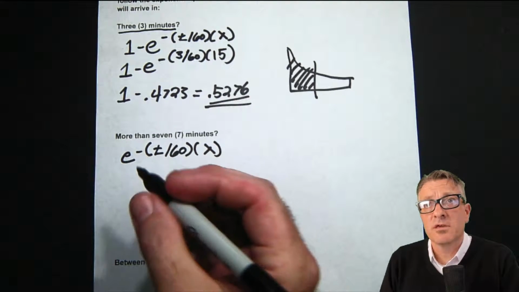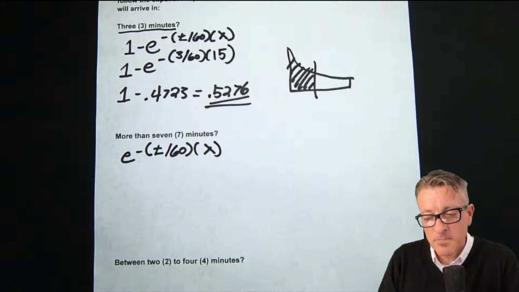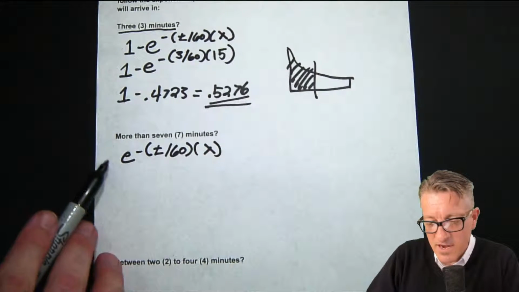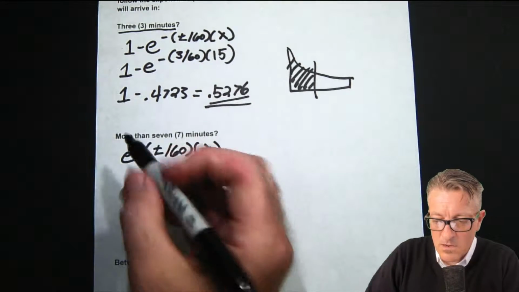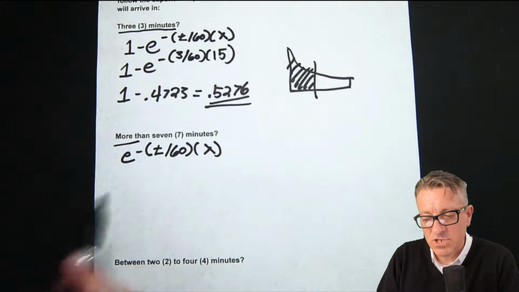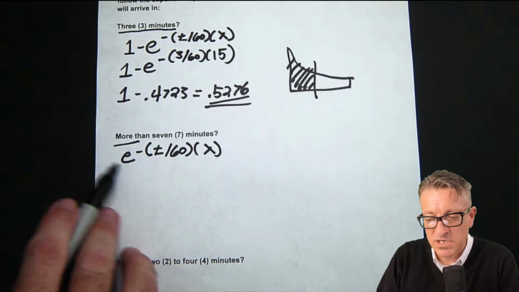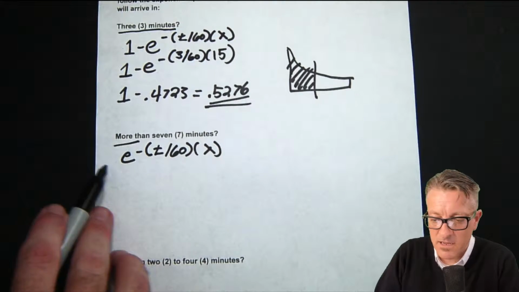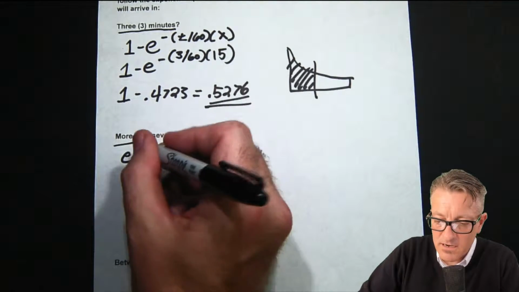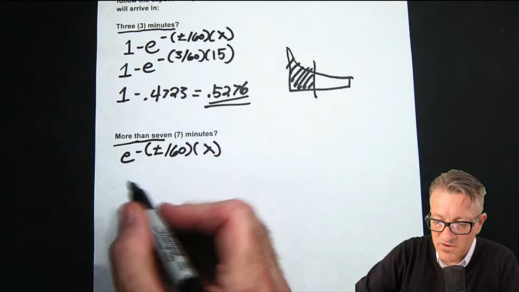Okay, so this is what the formula is for this one. Notice when it says more than, we are not subtracting our equation answer from 1, okay? So more than, we do not subtract from 1, so I'm going to fill it in now.